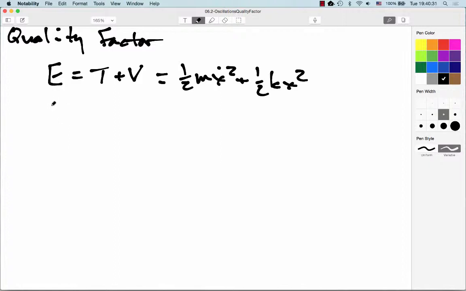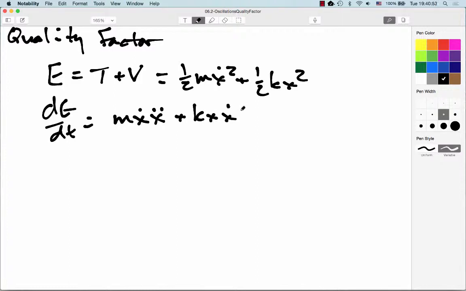So the rate at which we'll lose energy, dE/dt, well, if we differentiate this, we'll bring down a 2 to cancel the half, gives us m x dot, take the derivative of what's inside, x double dot, and then same deal here, bring down the 2, cancels the half, gives me k x x dot.